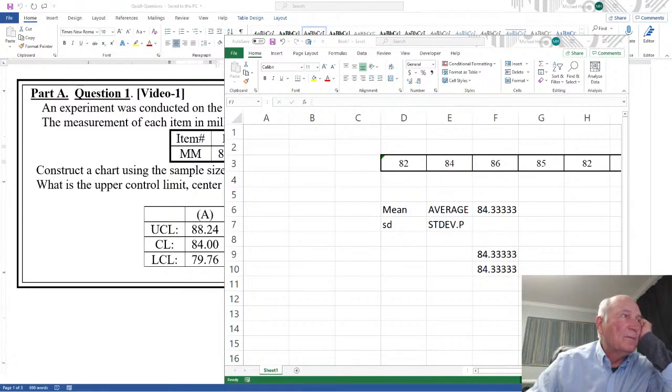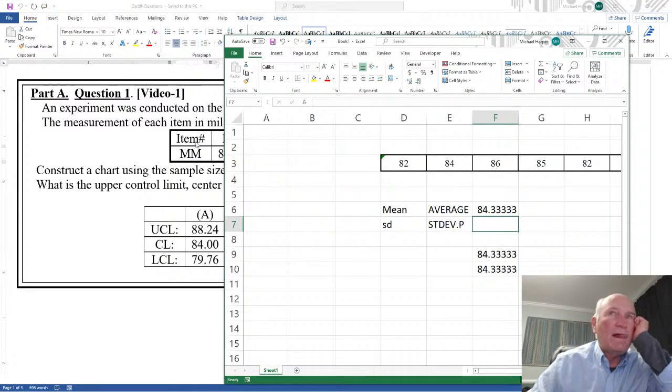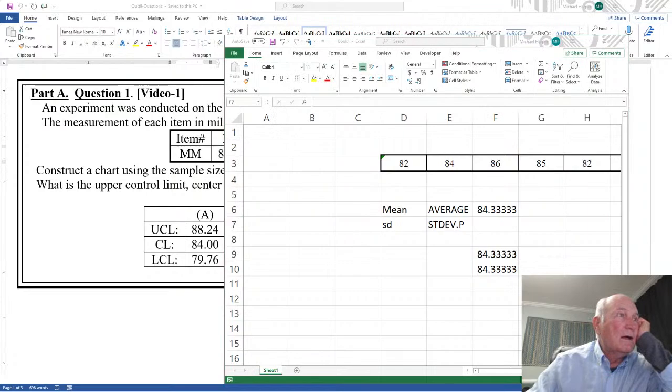Wow. The very first one. This is not right. Let me look at this for a second. Did I do it right?